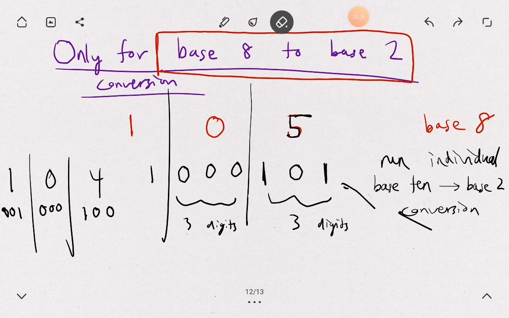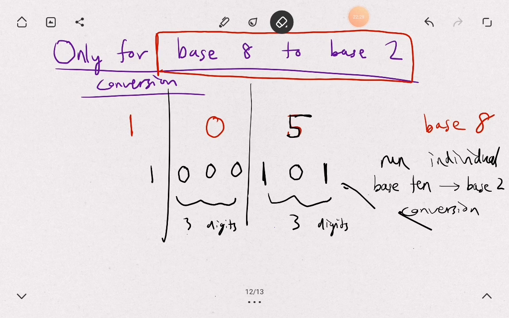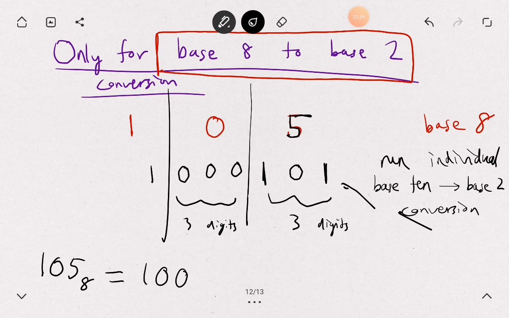All right, so then what we have is our final answer, 105 in base 8 is equal to 1000101 in base 2. This 3-digit method, I'm not going to explain too much, but I'm just going to tell you why this logic works: 2 to the power of 3 is 8.